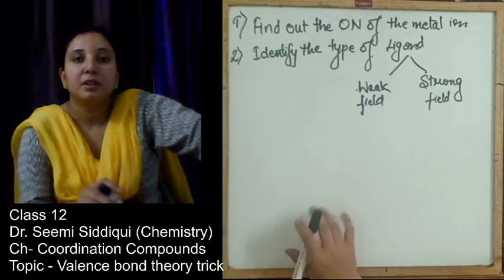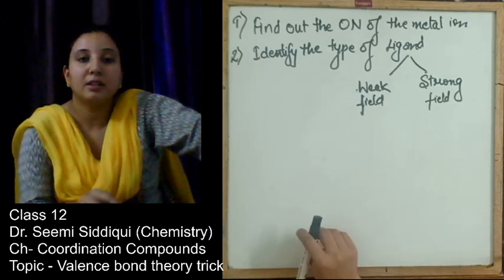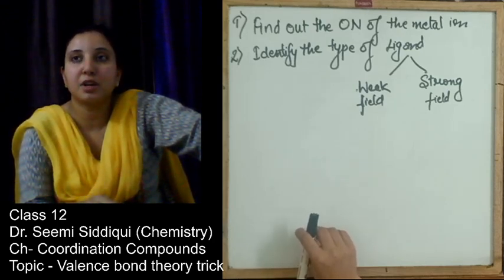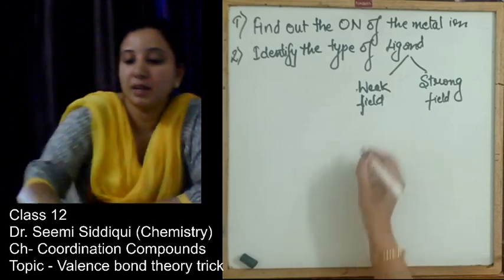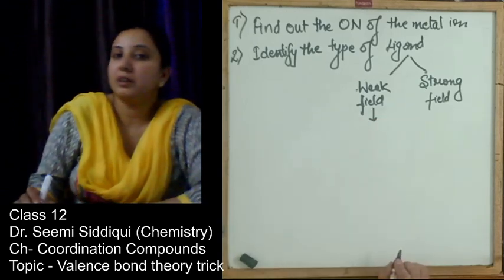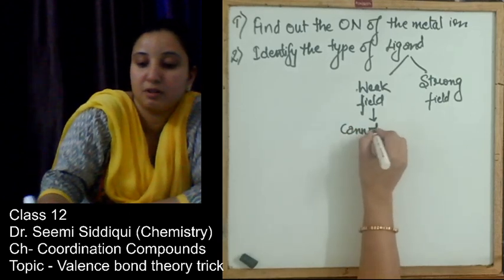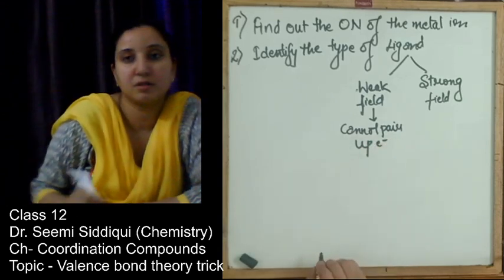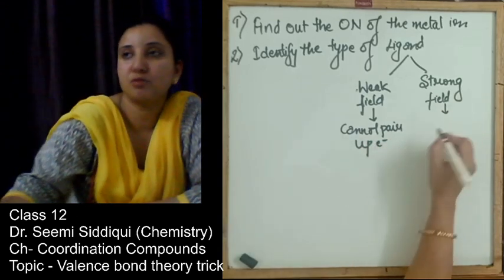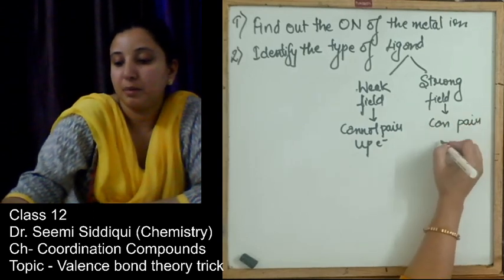As you remember, one limitation of the valence bond theory was that it was not able to identify the type of ligands. For now, keep in mind that a weak field ligand cannot pair up the electrons, but a strong field ligand can pair up electrons.